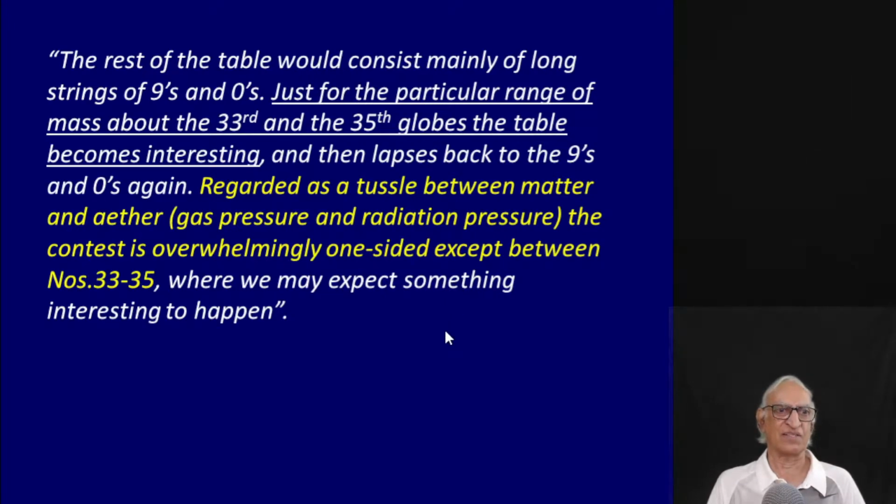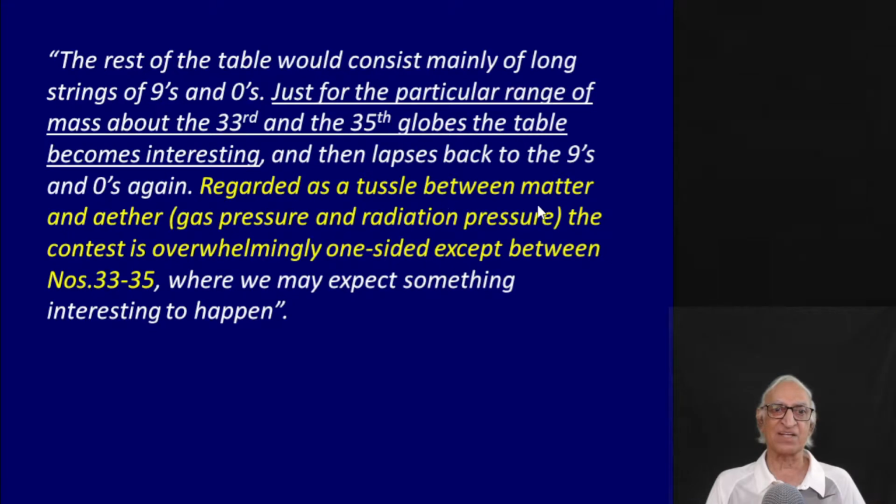So the physicist on the cloud-bound planet says the rest of the table would consist mainly of long strings of nines and zeros. Just for the particular range of mass, about the 33rd and the 35th globes, the table becomes interesting and then lapses back to nines and zeros.